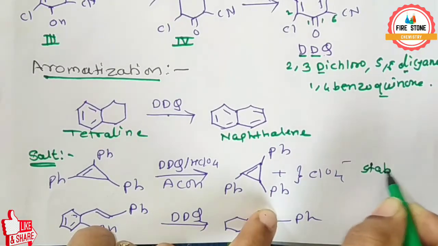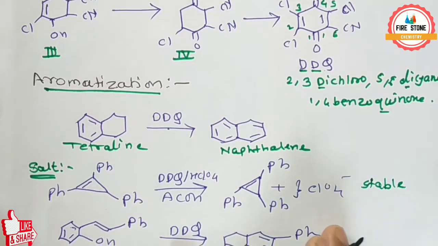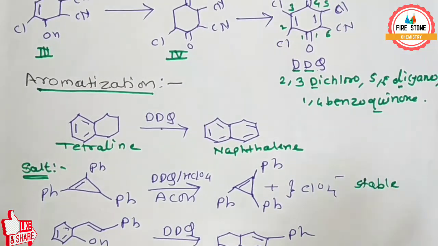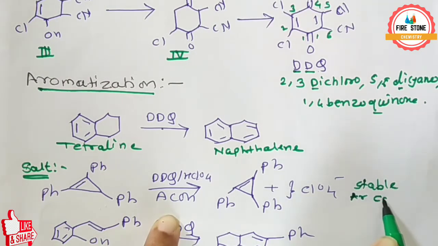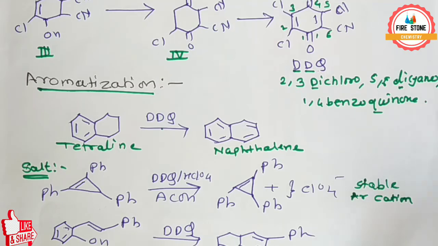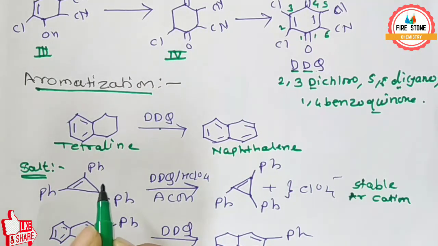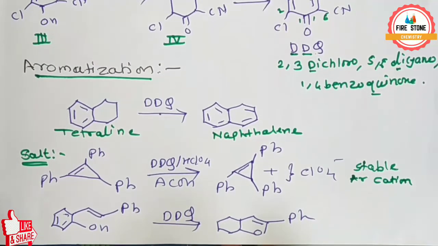Here is triphenylcyclopropene. Here the phenyl groups are three, and the ring is a cyclopropane ring with one double bond.